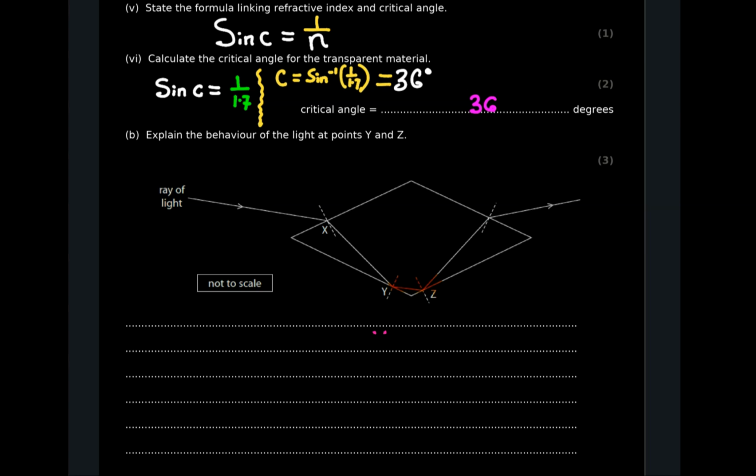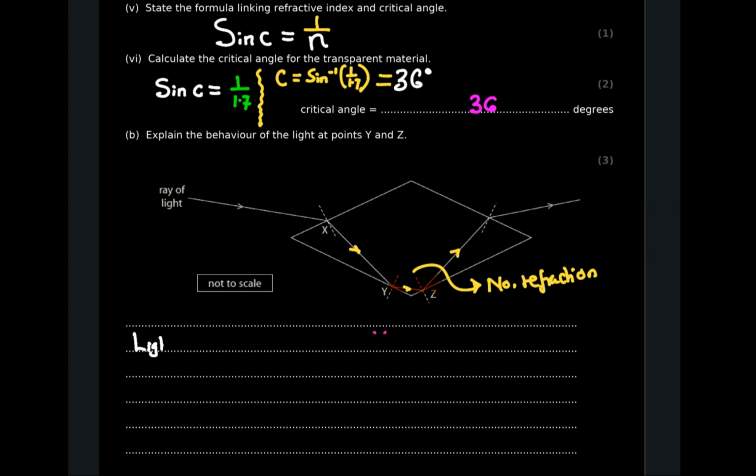For total internal reflection to take place, the ray must be traveling from a dense medium to a less dense medium. If the ray was moving from X to Y, that is in the dense medium, but if it was to get out of Y towards the lower part, that's a less dense medium. So total internal reflection has occurred because the angle of incidence in the dense medium is greater than the critical angle, so no refraction took place.